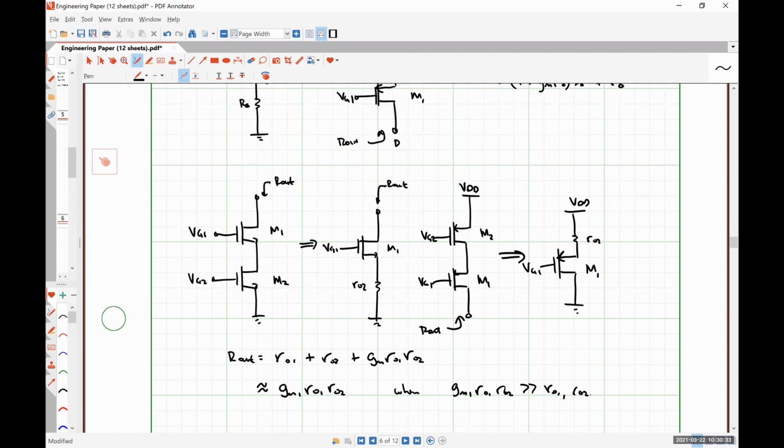I've got a numerical example for us to look at in a moment, but one thing that we can look at pretty easily here is, is there an upper bound on the output impedance of a cascoded MOSFET stage? No. The larger we can make r02, this is just going to keep going up and up and up. And the reason why that happens is the exact opposite of the reason why the BJT stage was restricted.